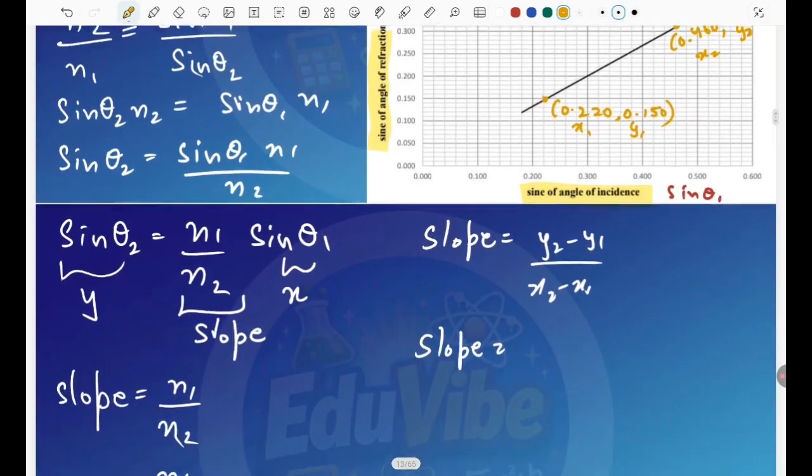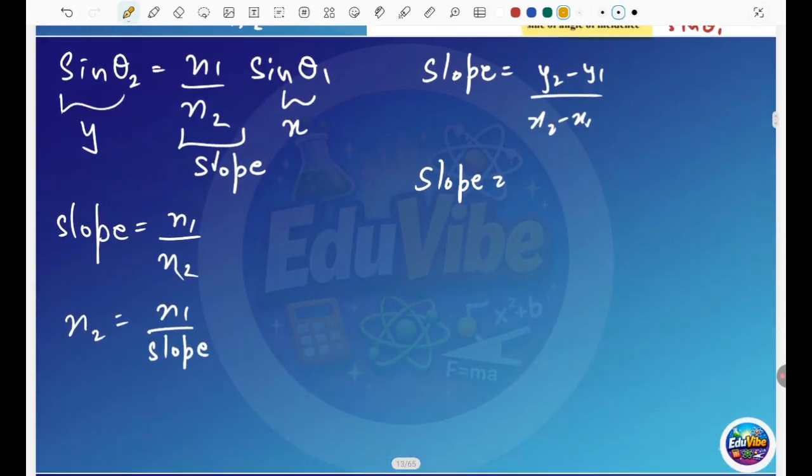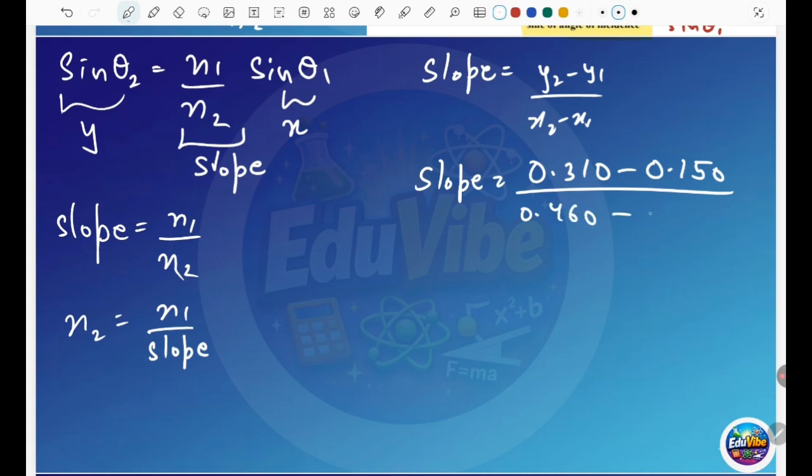So you have to use those values and put them in y2 minus y1, which is 0.310 minus 0.5150 divided by 0.460 minus 0.220. And you get the slope of about 0.6667.